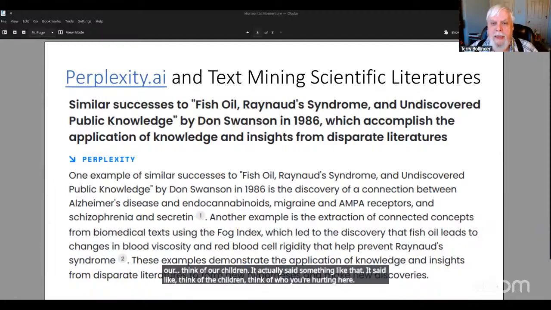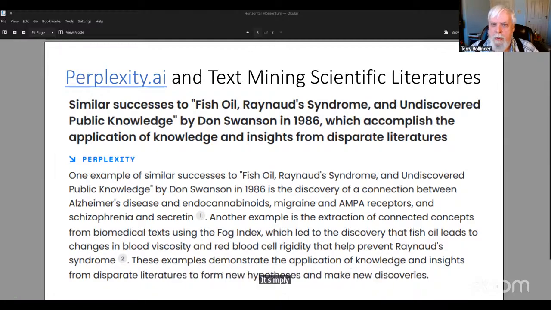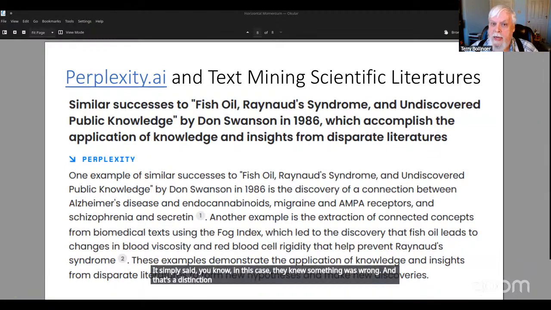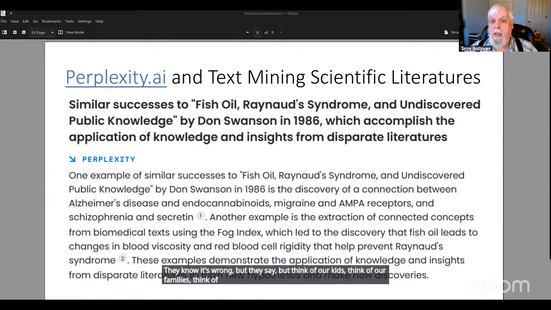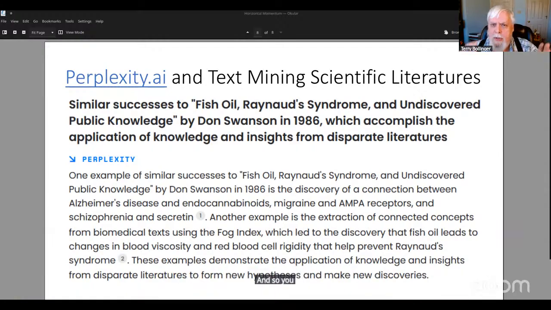And the letter didn't give a squat about whether it was true or not. In this case, they knew something was wrong. And that's a distinction. When people know that it's wrong, and it's not just arrogance, they know it's wrong, but they say, but think of our kids, think of our families, think of our careers. And so you get these complementary threads weaving in and out of each other.